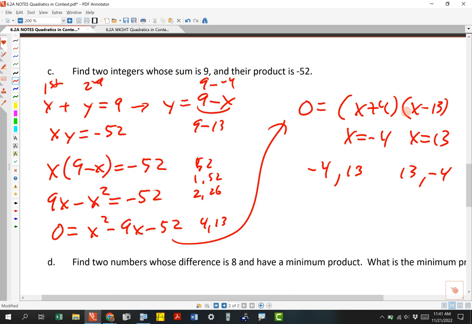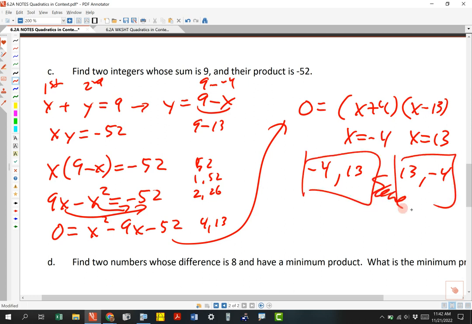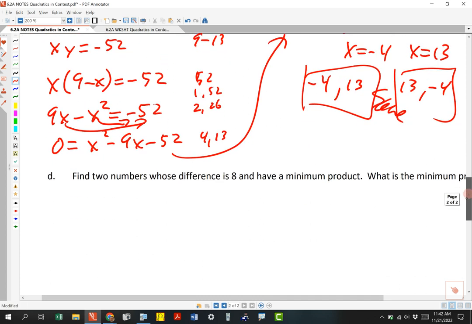Where did the negative on the x squared go over there? We moved those over to this side. Yeah, my bad. So you only get one set of answers. It's this one or this one. They're the same. Okay.